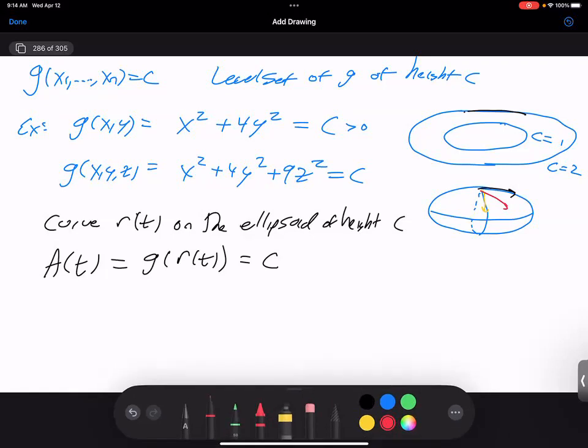And this would give us, by the chain rule, a prime of t is the gradient of g at the point r of t, dotted with r prime of t. So that's one way to take the derivative. What's another way to take the derivative of the function g of r of t equals c?